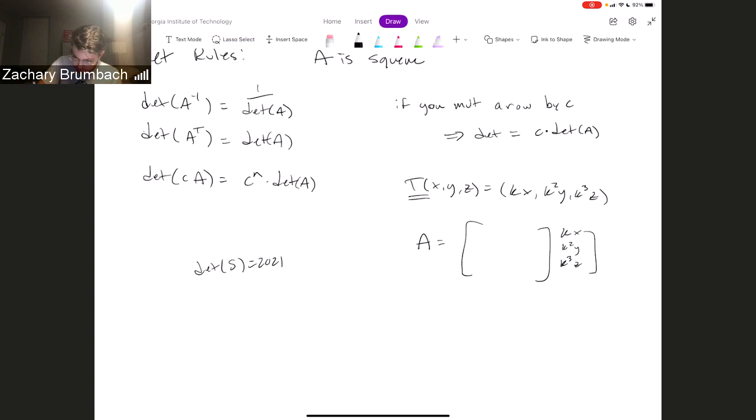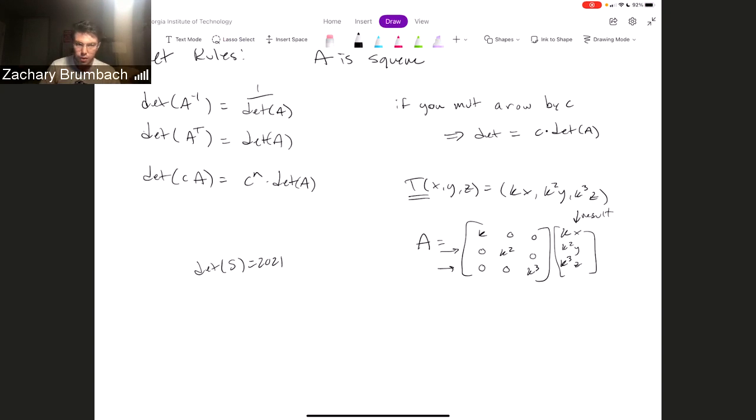Okay, so let's make this A. How many x's are present? k x, 0y, 0z. For the second entry, we have 0x plus k squared y plus 0z. And then for this bottom one, we have 0x plus 0y plus k cubed z.